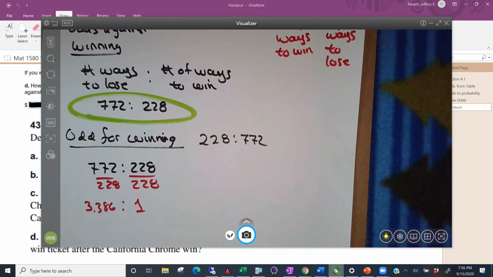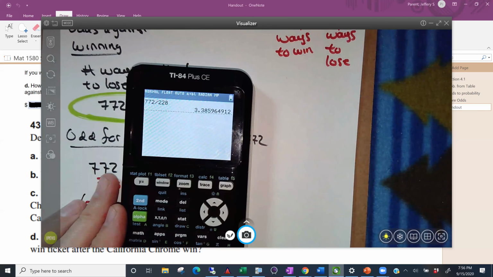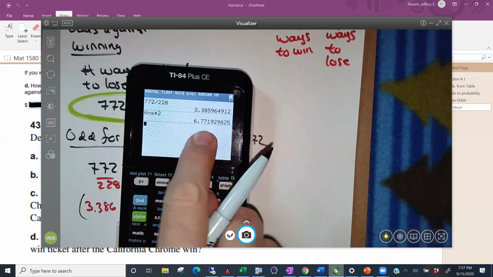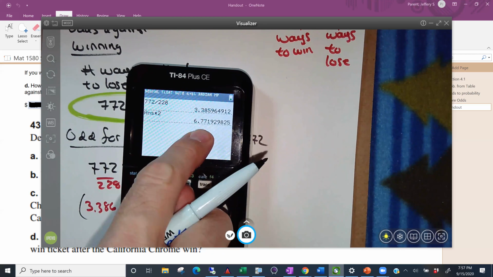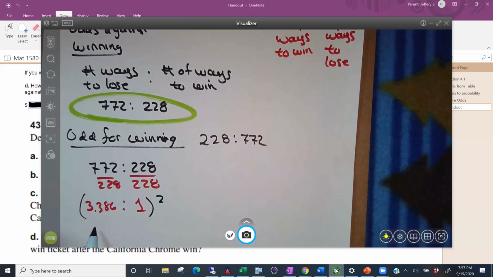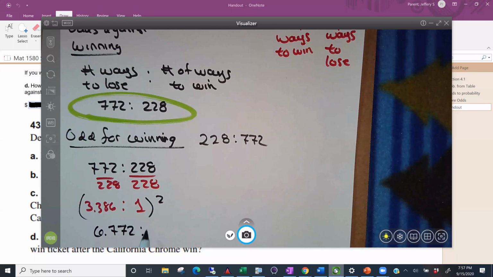Except I had a $2 bet, not a $1 bet. So if I multiply this by 2, I'll just do that on my calculator. That $2 bet should have resulted in a profit of $6.77 for me. So 6.772 for a $2 bet. And that's your answer.